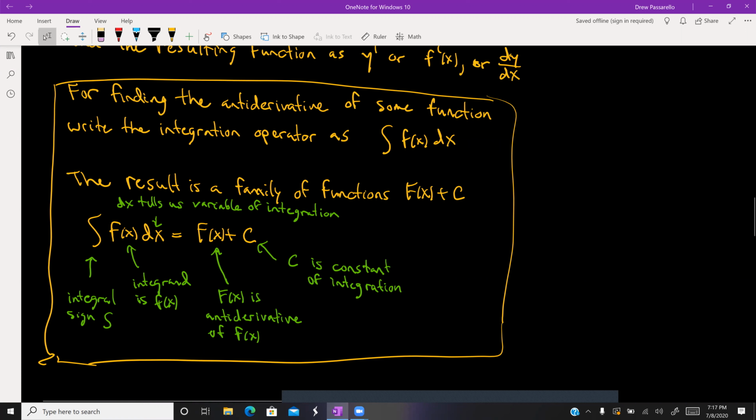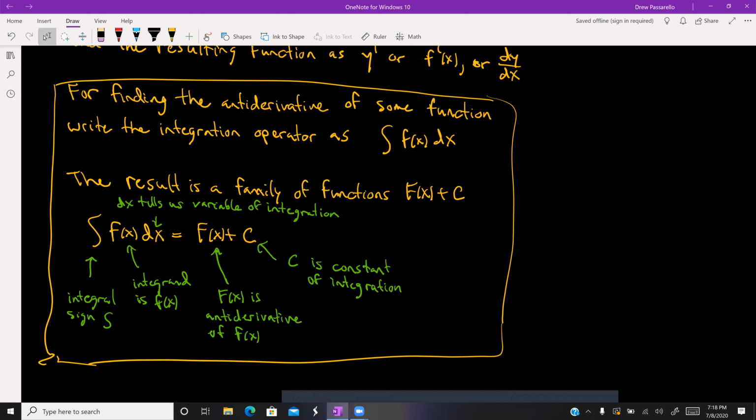And so here we write it all. We have the elongated S, and that's called the integral sign. Then we have f of x, that's what we're trying to integrate or find the antiderivative of. That's called the integrand. The dx tells us what the variable of integration is. So normally it's going to be dx. We're taking the antiderivative with respect to x, which is the same as saying we're integrating with respect to x.